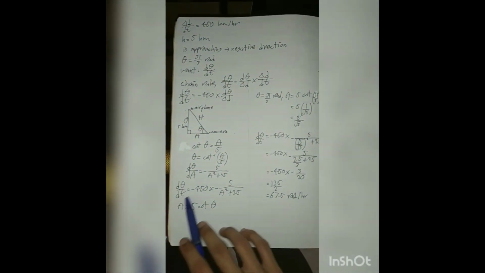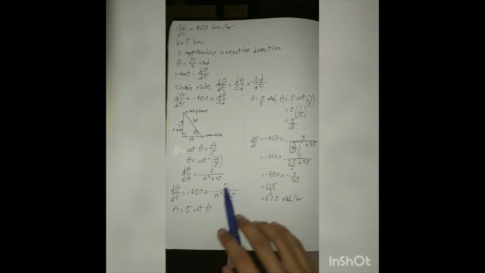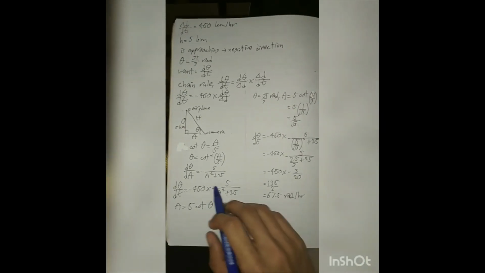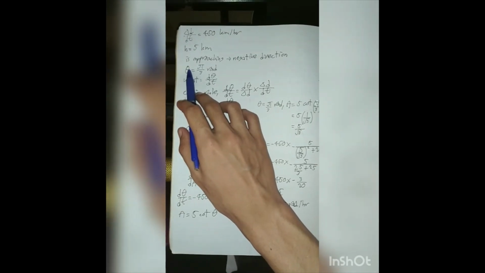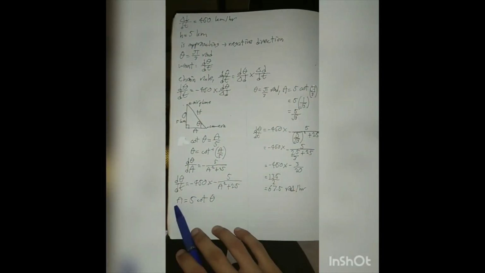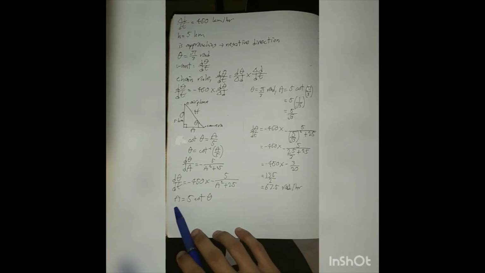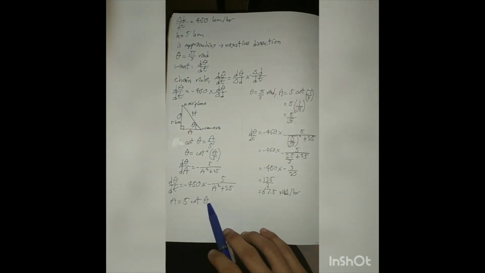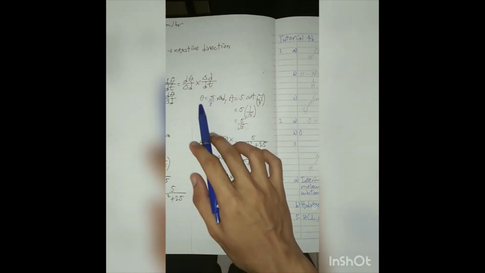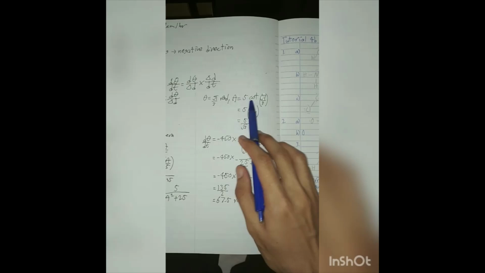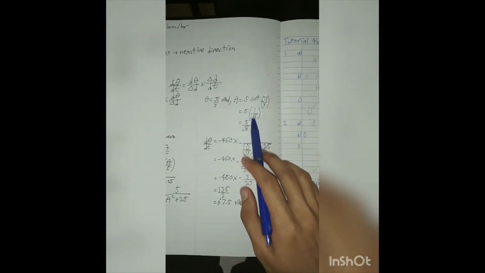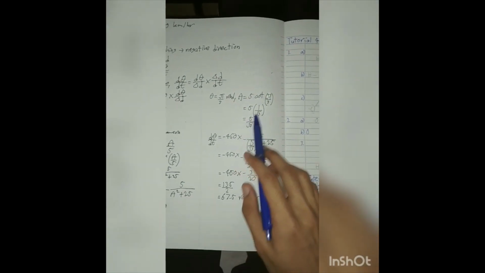So we get d theta over dt is equal to negative 450 times negative 5 over x squared plus 25. And then here the question gives us theta, and then we have to use theta to get x. So we can rewrite this as x is equal to 5 cotangent theta. And then here we have when theta is pi over 3 radian, x is 5 cotangent pi over 3, which is 1 over square root of 3.